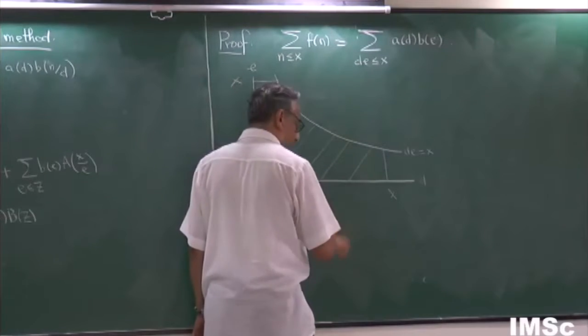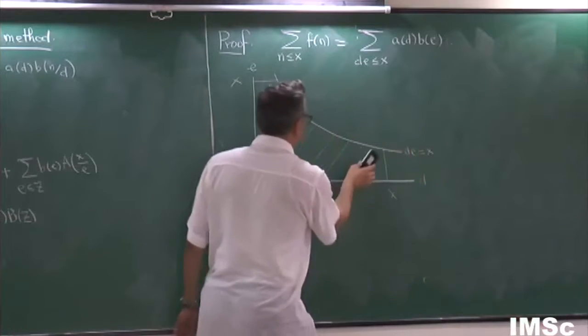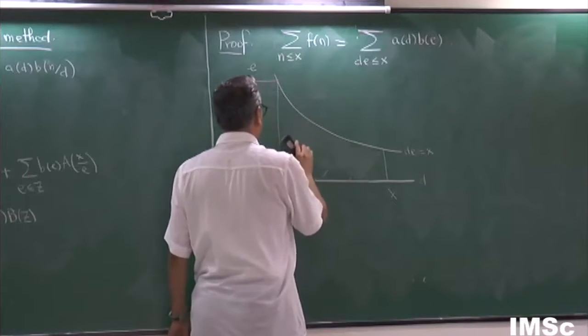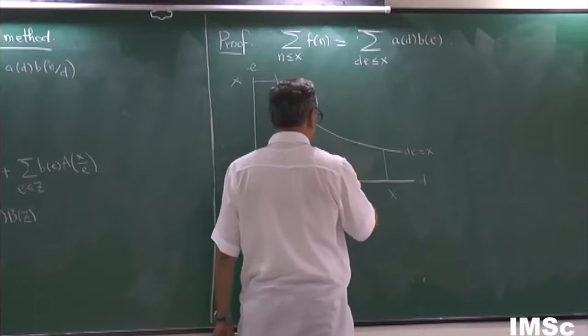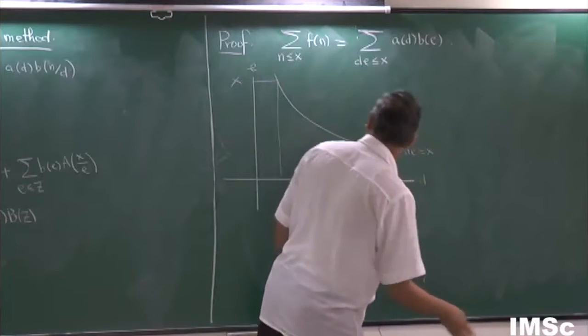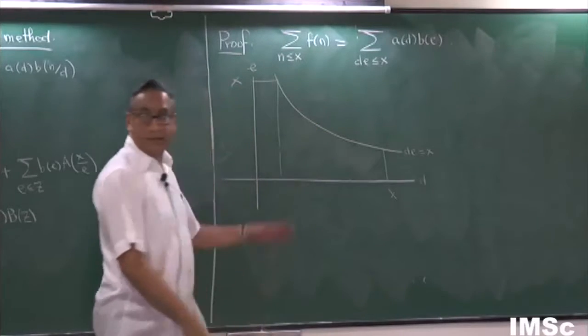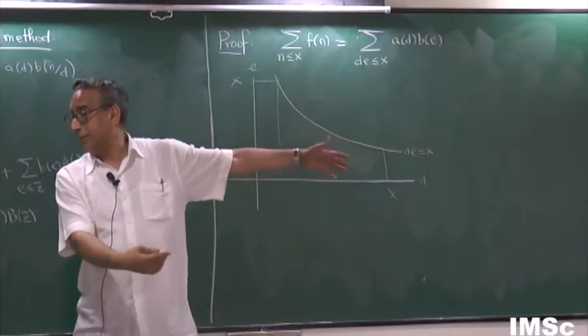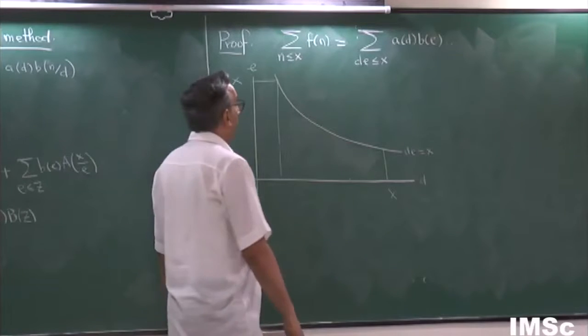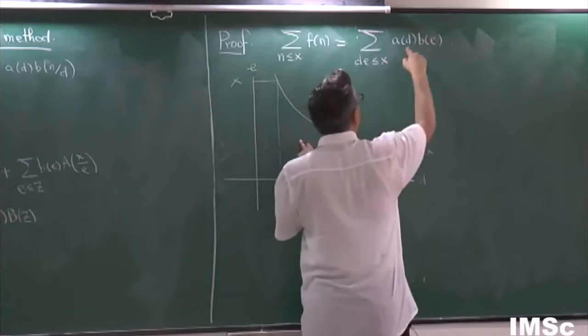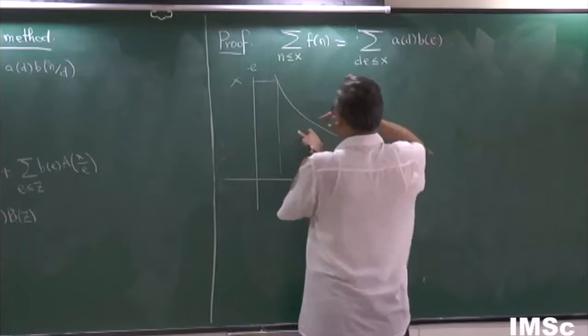A typical lattice point would be d, e underneath that hyperbola, and I count a of d, b of e. So for each lattice point, I calculate this thing, and I add them up for all those lattice points.